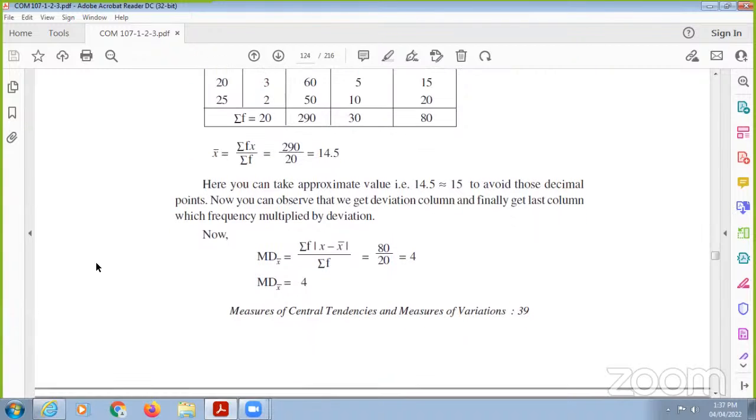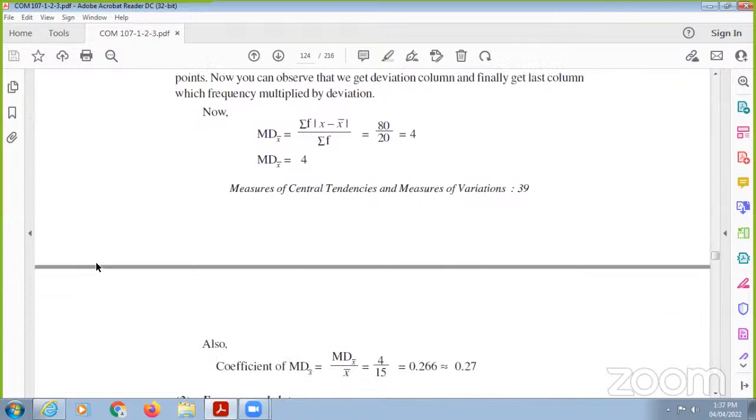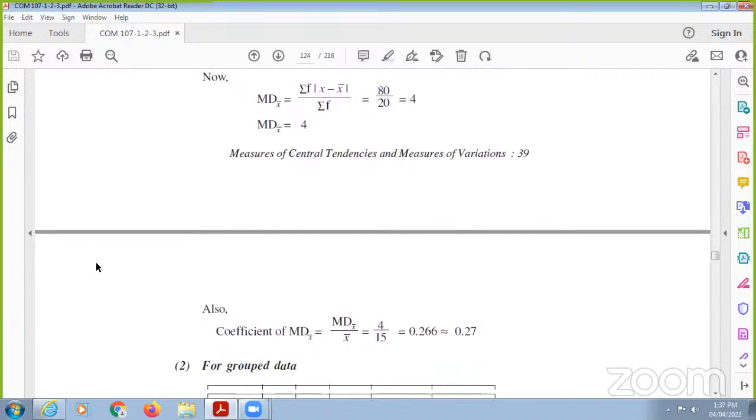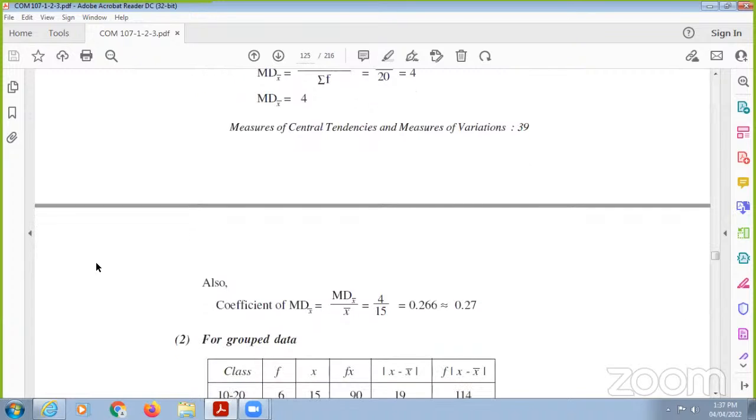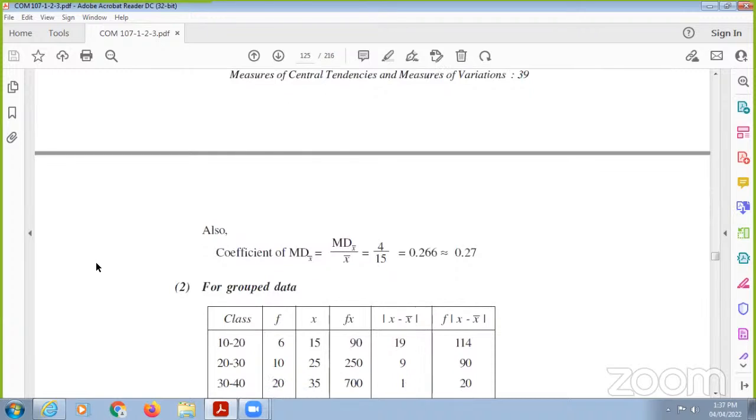So here is another example also given from the mean deviation from median. Also, sir, the coefficient of mean deviation from mean is here 4 upon 15. That means 0.266, approximately we can take it 0.27 here.